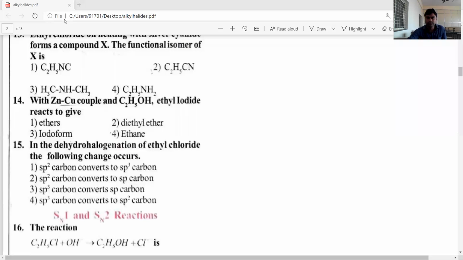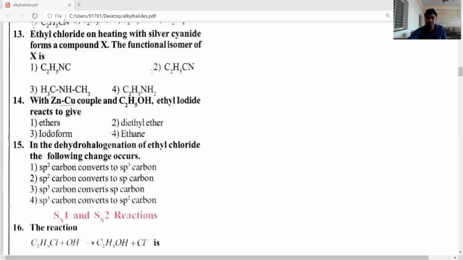Fourteenth question. In the presence of zinc copper couple and ethyl alcohol, ethyl iodide, CH3-CH2-I, is converted into what? Ethyl iodide in the presence of zinc copper couple with C2H5OH as a solvent.